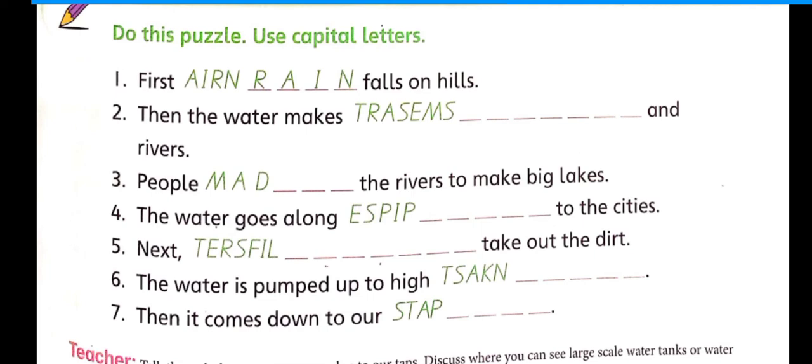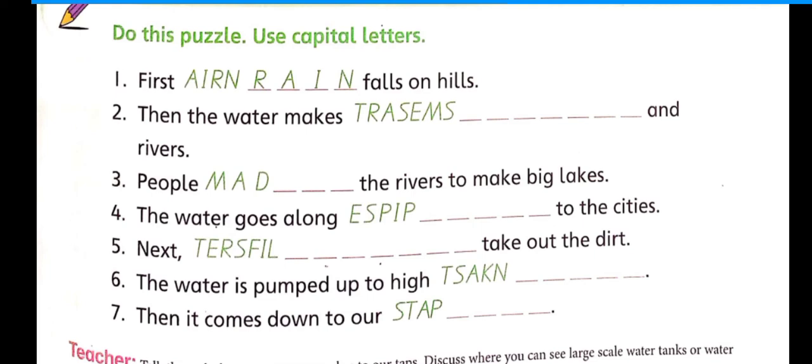I hope that you are going to enjoy it, as it's very tricky and very interesting. The second one is: then the water makes dash and rivers. After rainfall, which things are going to make rivers and streams? Exactly.